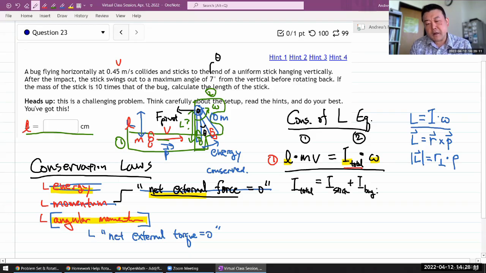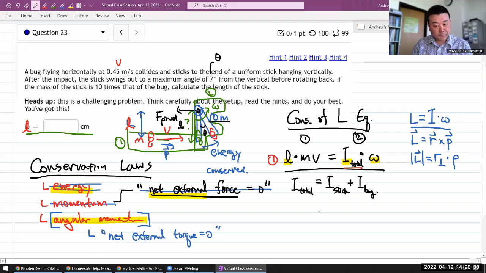This is where you might need to look up some formulas. Your textbook has a table of rotational inertias. I'll just write down the ones that I have memorized. For a stick, that's a uniform rod of some length L with some mass 10m.